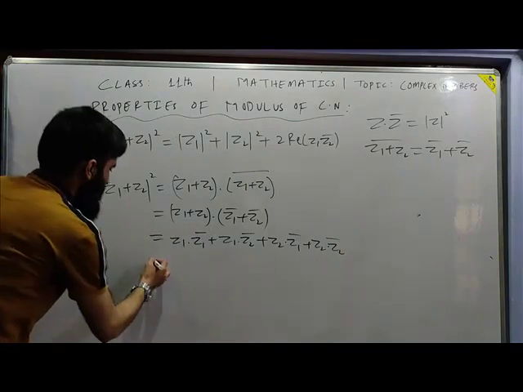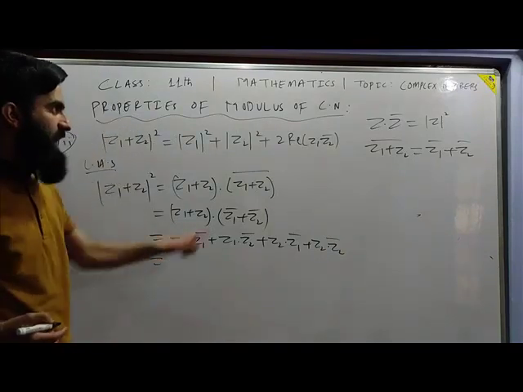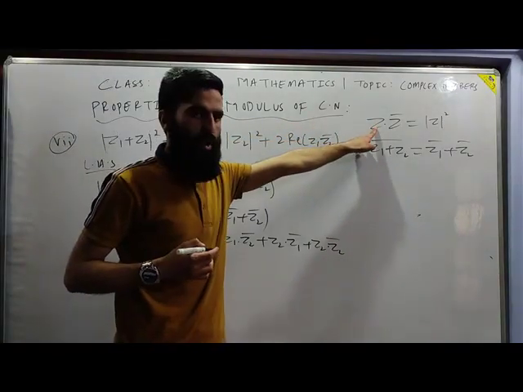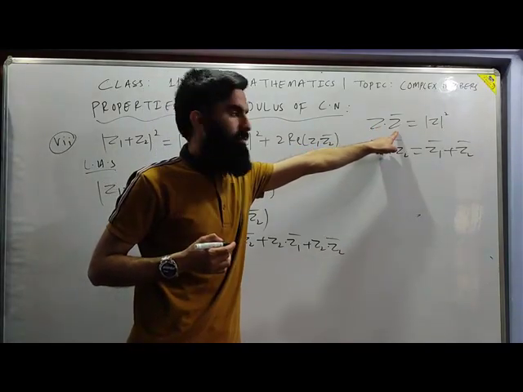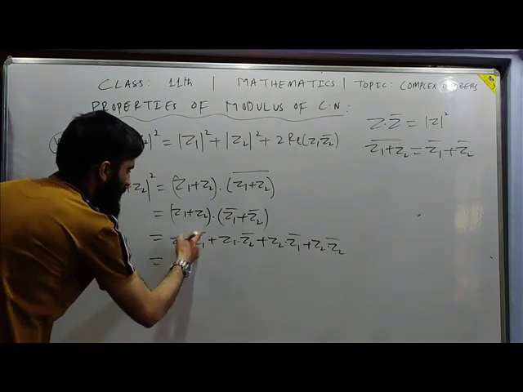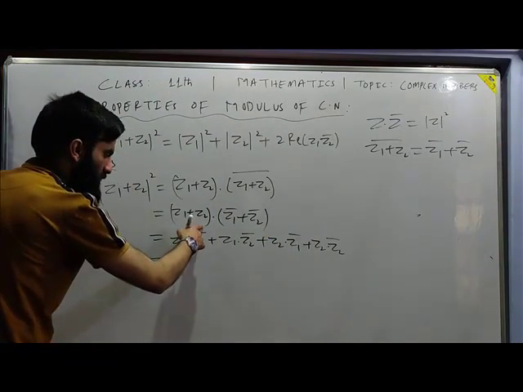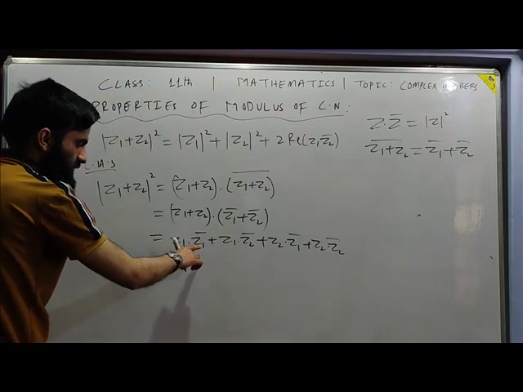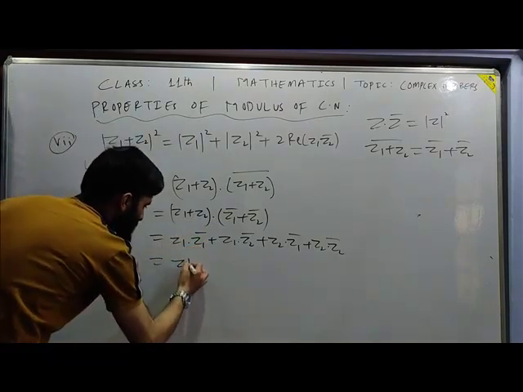The same property applies: a complex number multiplied by its conjugate gives the square of its modulus. So z1 and its conjugate give you mod of z1 square.